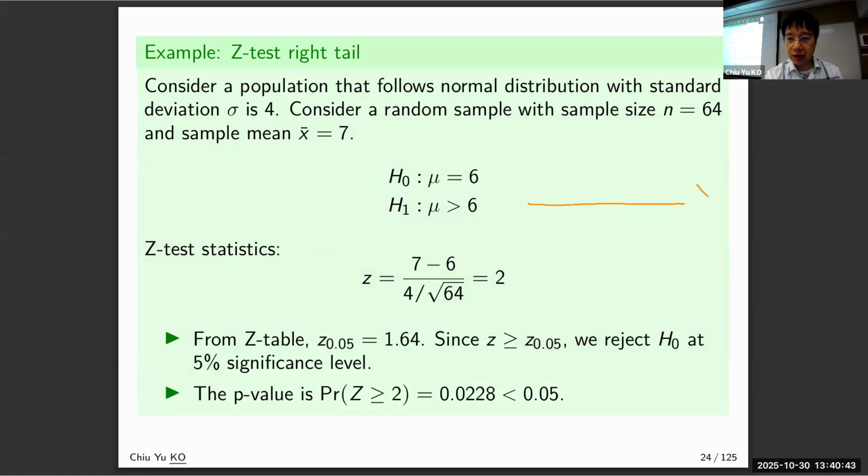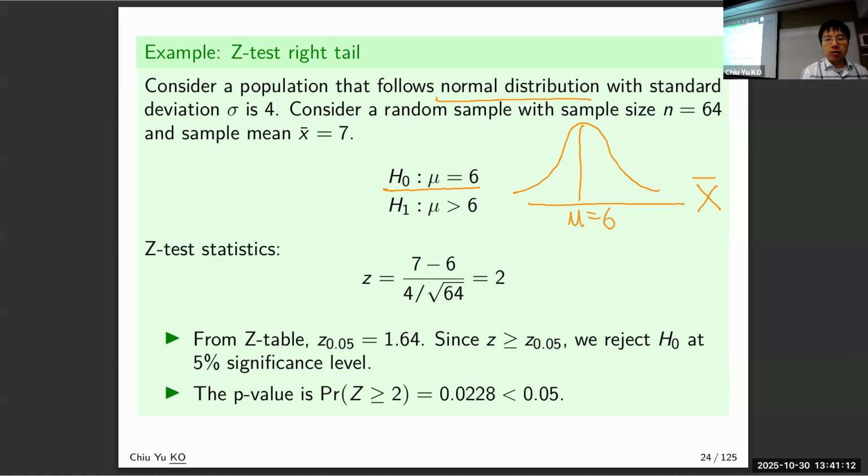So just to remind you, this X bar will be a bell curve, from the central limit theorem, or in this case because it is assumed normal. So the sample mean is also normal. And under the null, remember our idea is to assume the null is true, the mean is 6.